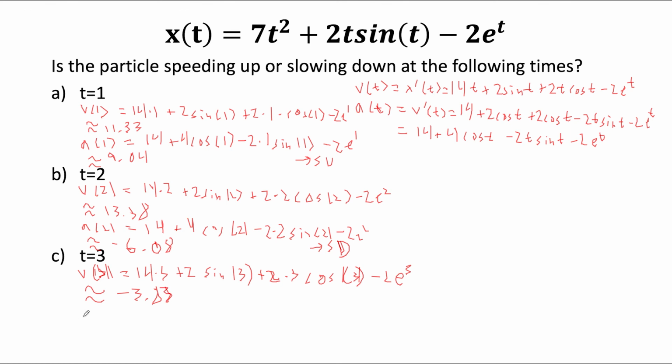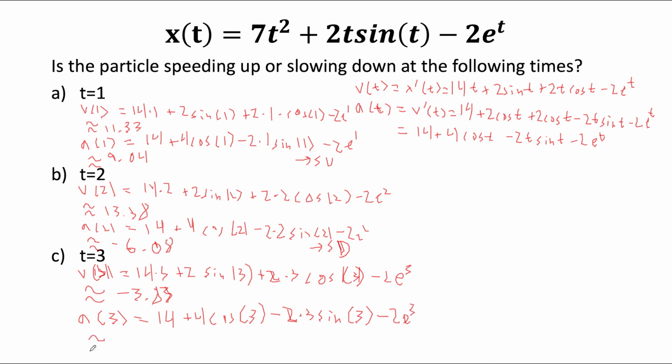And now let's look at a of 3, which is 14 plus 4 cosine of 3 minus 2 times 3 sine of 3 minus 2e to the 3.